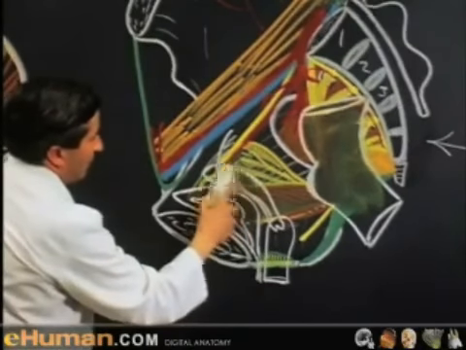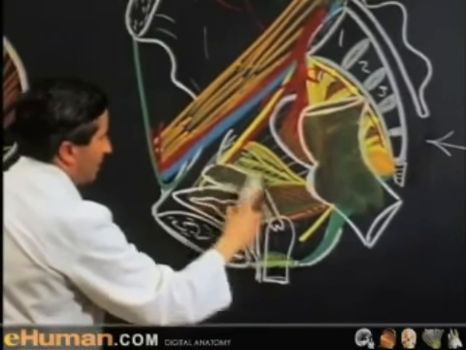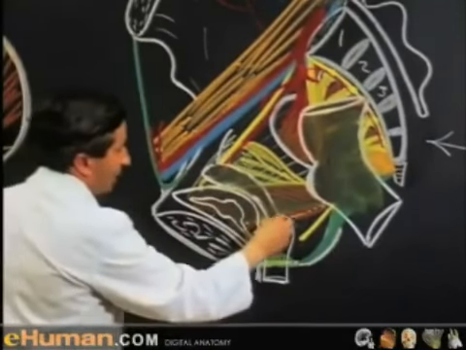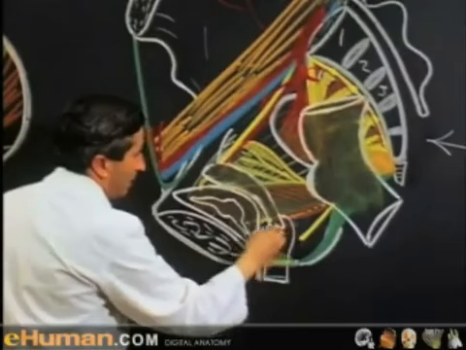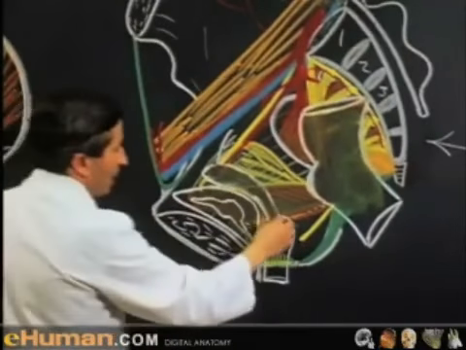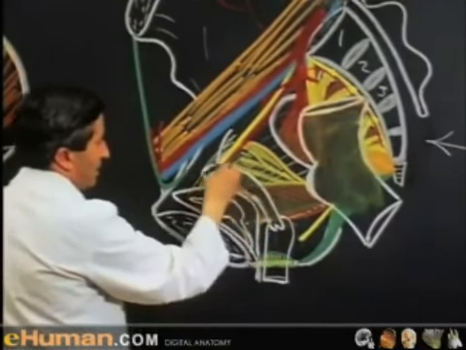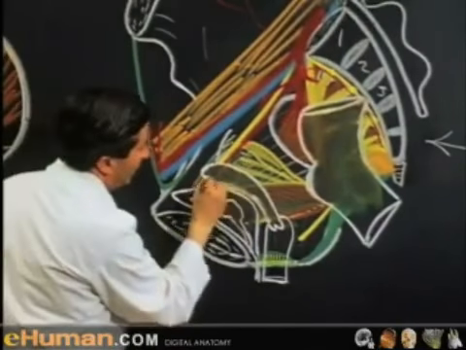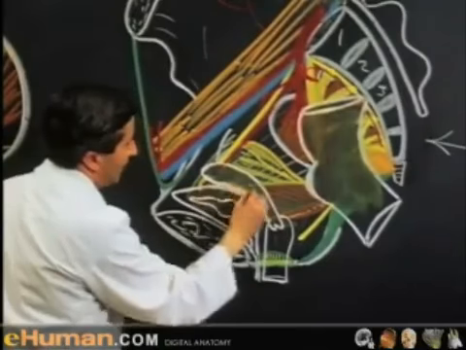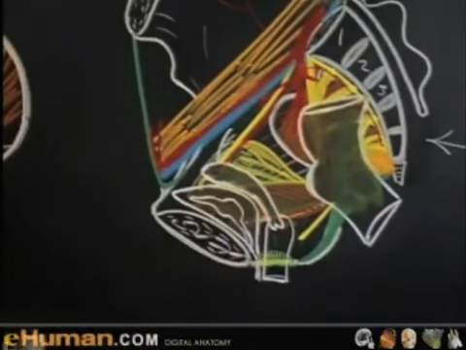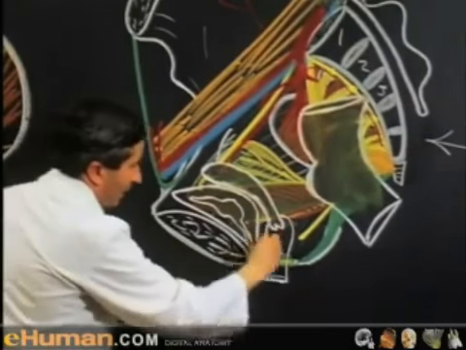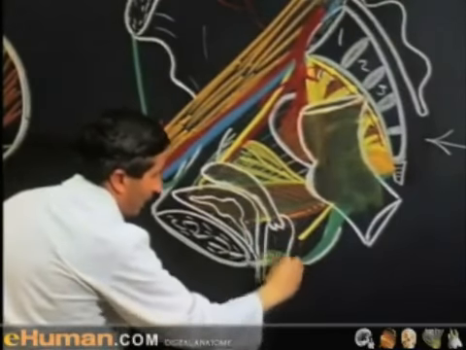We erase the structures that lie on the other side of the uterus, and we can see here we have the cervix of the uterus projecting into the vagina, and here we have the body of the uterus giving rise to the fundus of the uterus, and the fundus of the uterus coming round to the anterior surface of the body coming back to the cervix. Notice how the cervix is projecting into the vagina in that sort of manner.